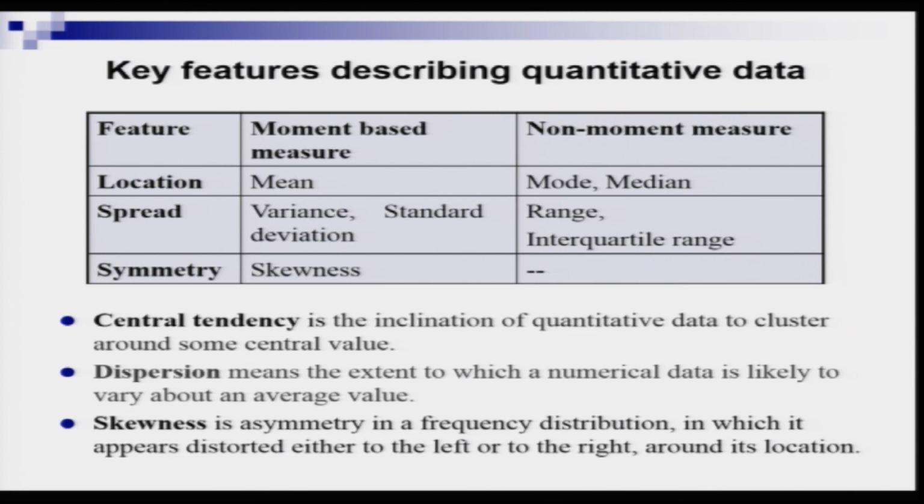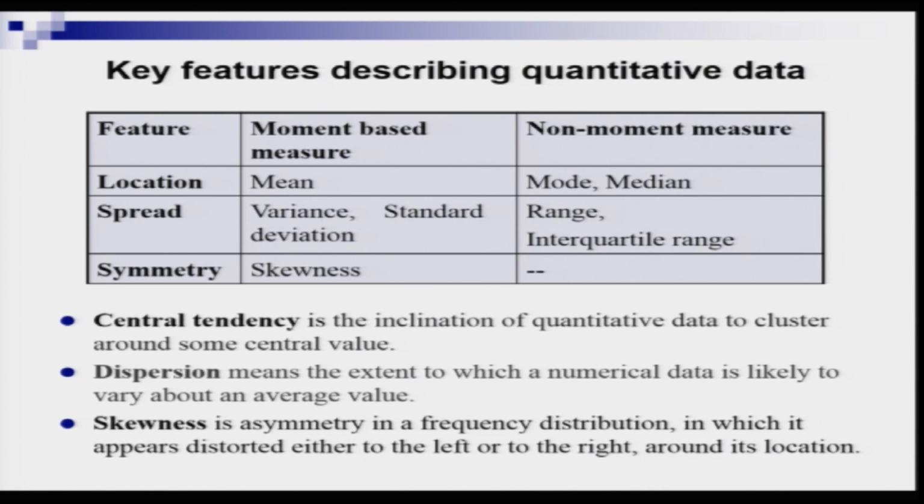Now, the second feature, with which the statistician or econometrician can do a lot of things, get information and then use this information in statistical or econometric modeling, is the feature of spread. What is spread? Spread is denoted by the statistical term dispersion. What does it mean?